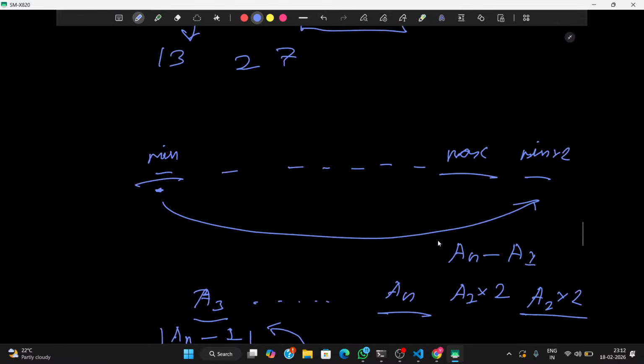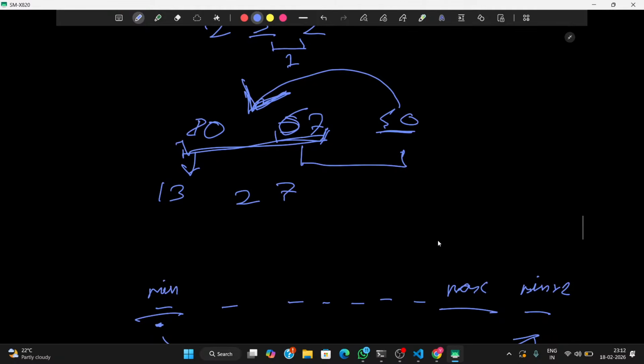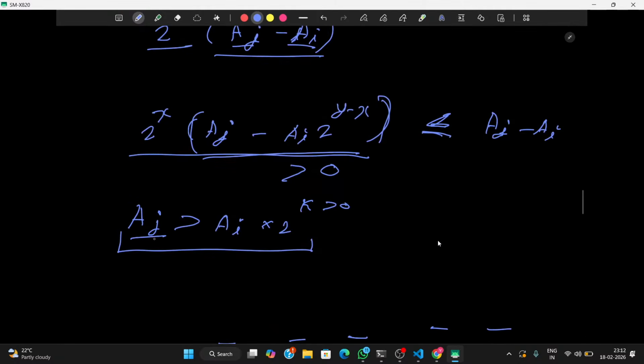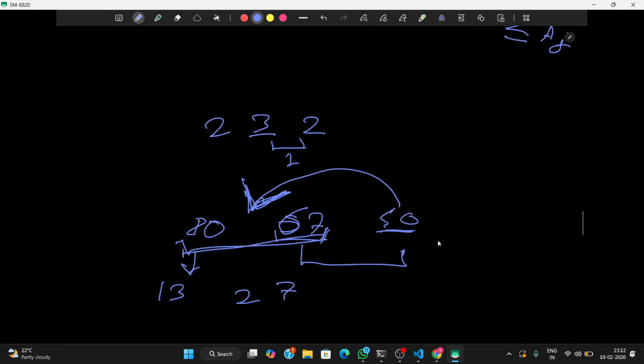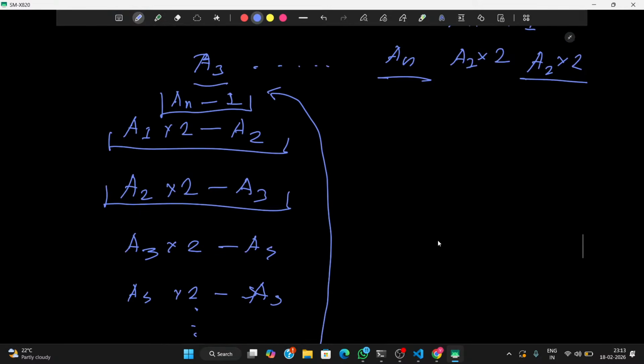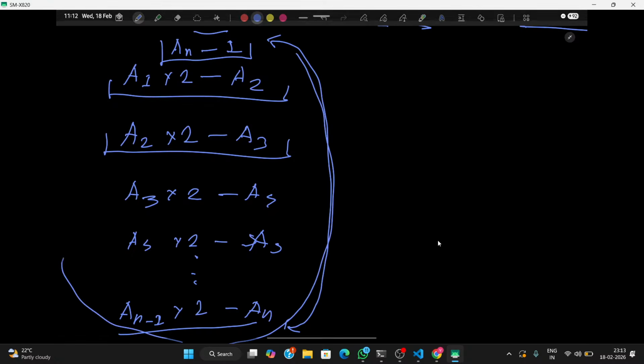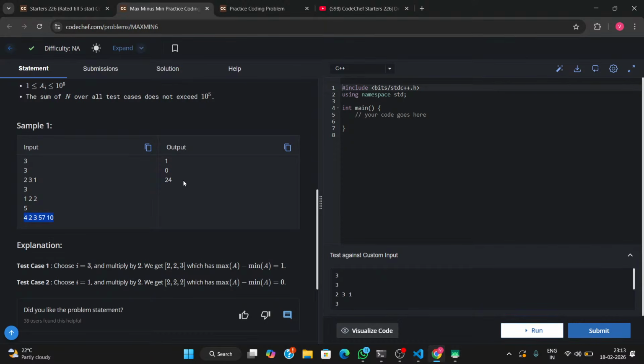So, this is what we proved earlier, that we will not multiply the largest element by 2 anytime. So once the largest element is in the beginning of the array, we will terminate. So these are all the possible answers that we can get. We will take the minimum of all of them, and that will be our final answer.